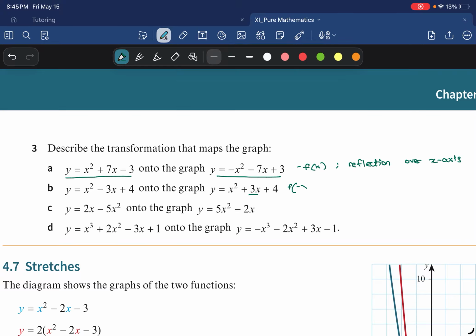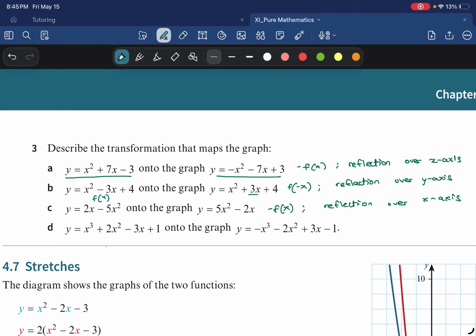And if you check, this is going to be f of minus x, if this is f of x. So this is a reflection over the y-axis. And this one, the sign of the terms has changed. So this is minus f of x. This is a reflection over the x-axis.